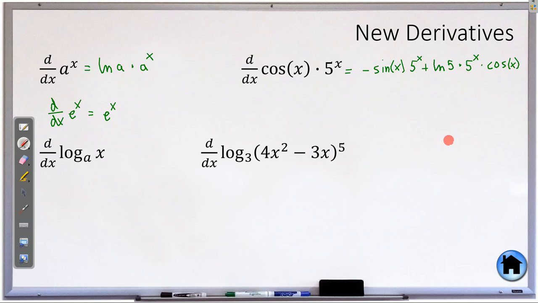Alright, so what can we factor here? They both have a 5 to the x. So it looks like we can factor out that 5 to the x. And we always like to put subtraction second, so I'm going to put the minus sine of x over here. And this one is positive. We took out the 5 to the x, so there is a natural log of 5 times cosine.